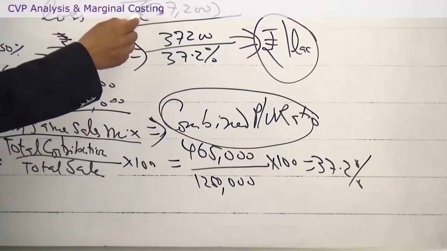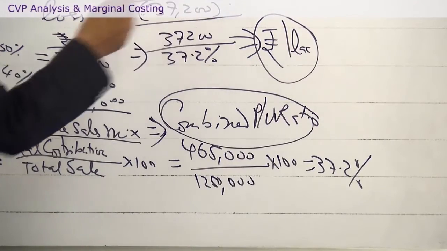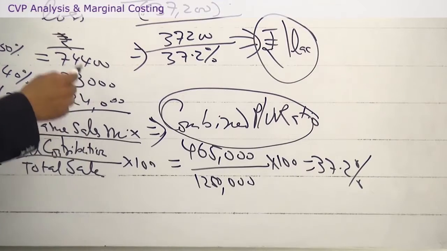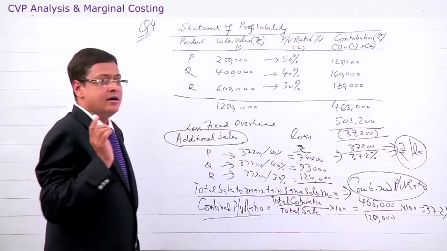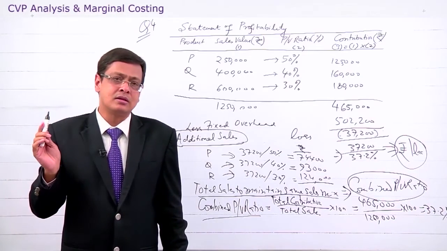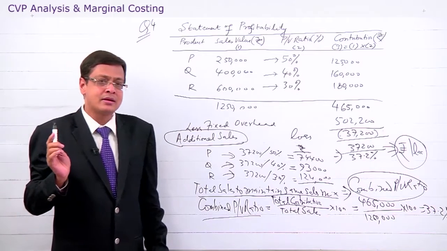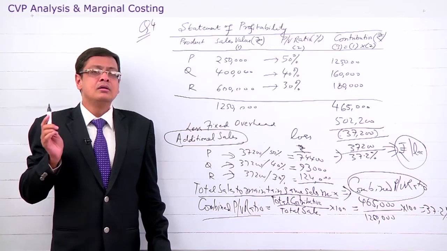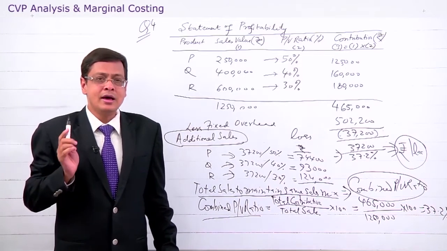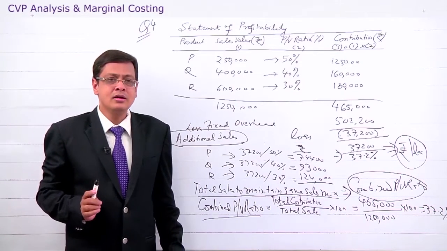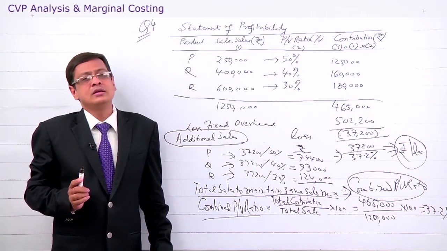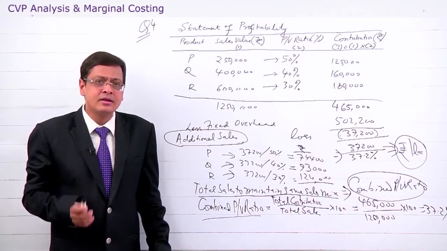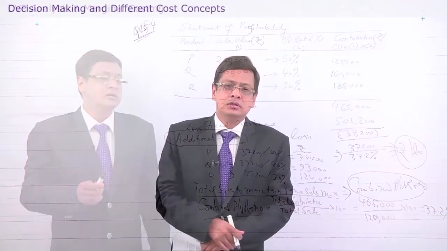So, loss is divided by PV ratio of each factor, which gives you the desired data required by the examiner. So, step by step marking is there. You have to solve the question with grace, slowly, accurately, no hurry. So, what is more important in the exam is to understand the question, understand the requirement of the question.